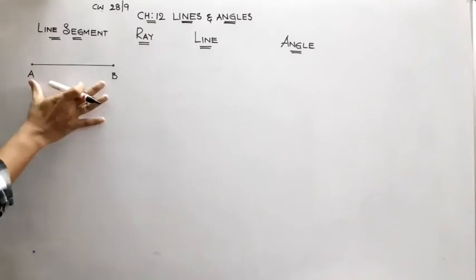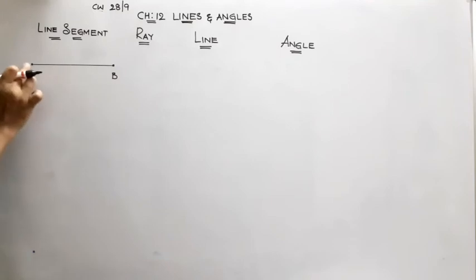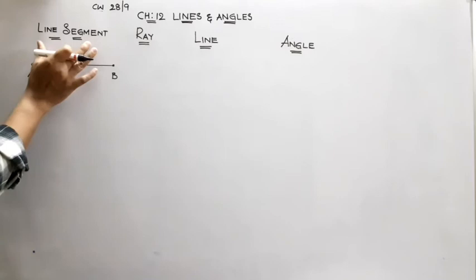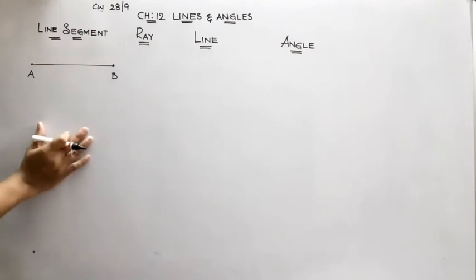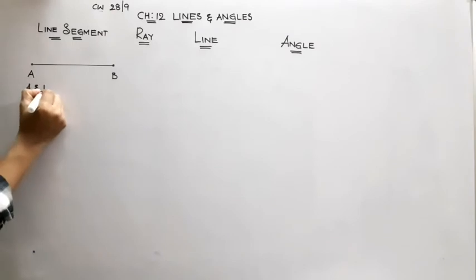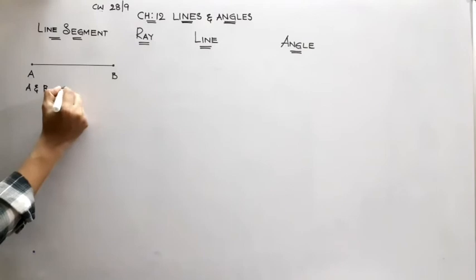By taking 2 points on a plane and joining them using a scale, we get a figure, and that figure we call a line segment. Here these points A and B we call end points.